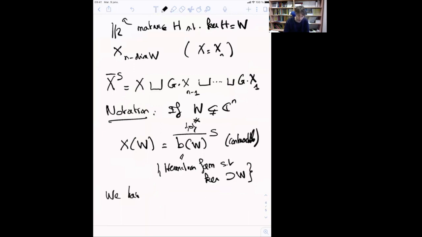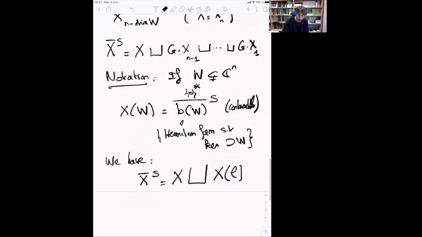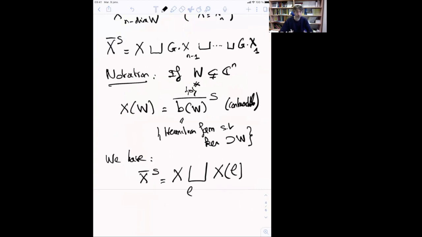So it's no more a disjoint union, but we have that the Satake compactification is equal to X union all the XL where L are lines. You first degenerate along one line, and then it can degenerate more.